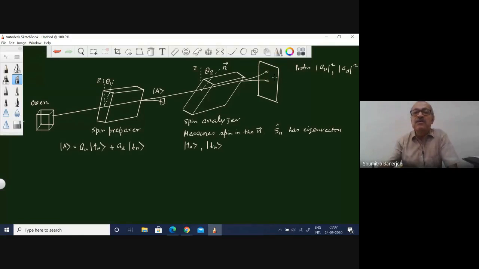These are the probabilities of observing, and that's what we're trying to find out now. So let's try to find out AU. So AU will be the projection onto up n of the A vector.